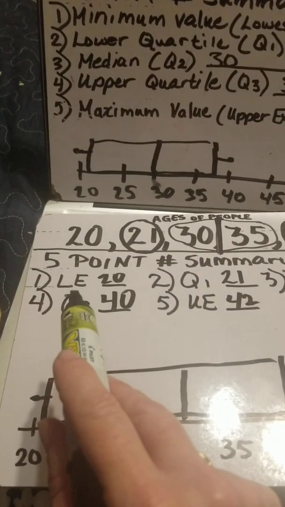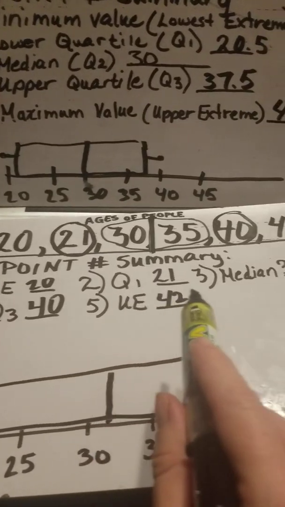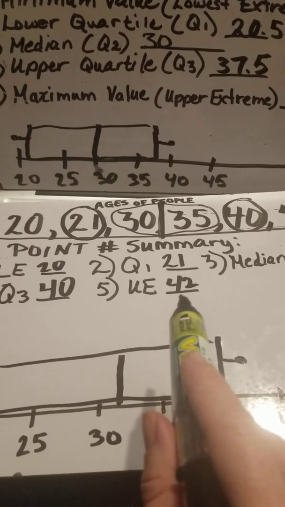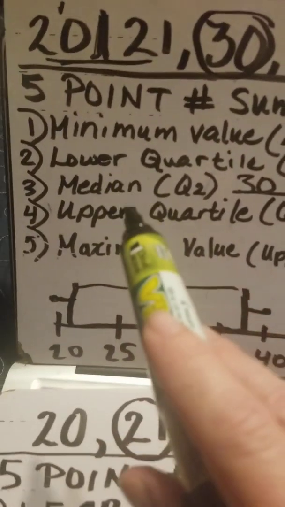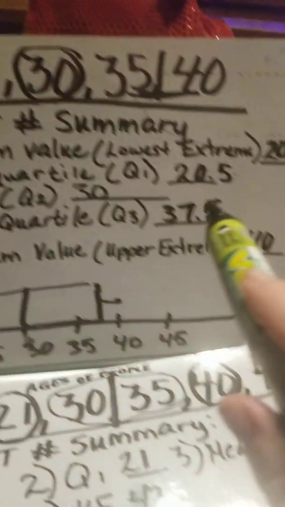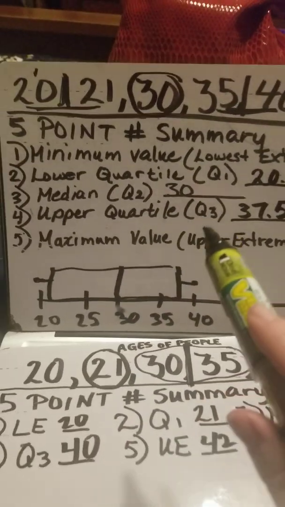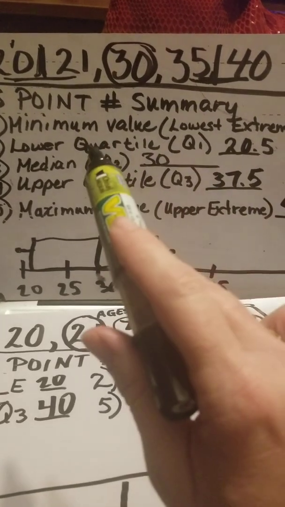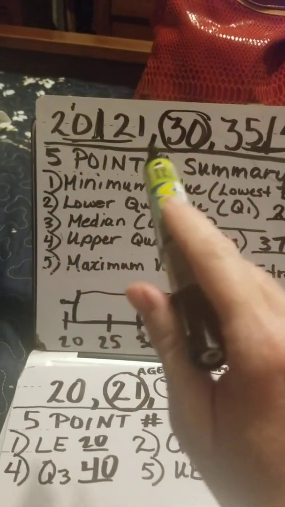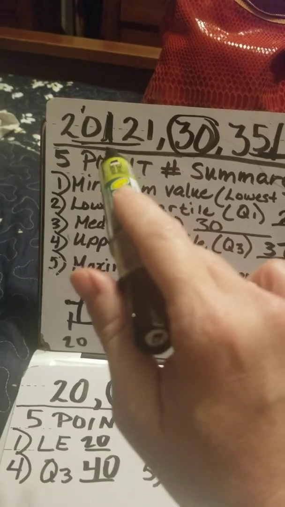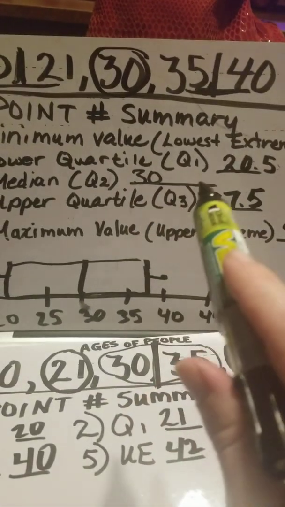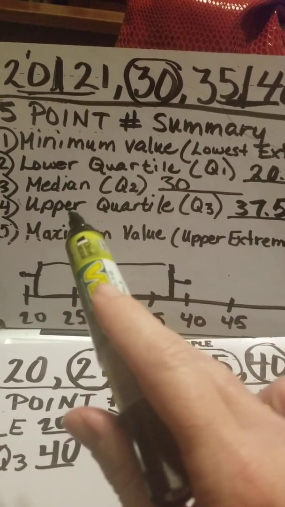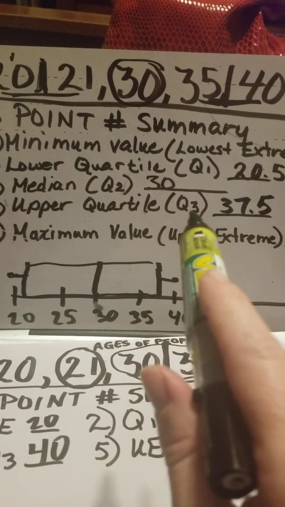5-point number summary: lowest extreme, Q1, median, Q3, upper extreme. Or you can look at it this way. Your minimum value, 20. Your lower quartile, Q1, the lowest median. Your median is also known as Q2. Your upper quartile is Q3.